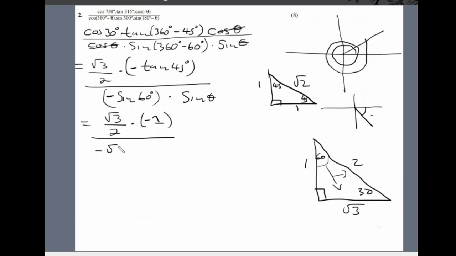So we will have minus root 3 over 2, and then here we will have sine theta multiplied by sine theta, right? Root 3 over 2 and root 3 over 2 will cancel, minus and minus will cancel, so our answer will be minus 1 over sine theta. Okay, it's minus 1 over sine theta.